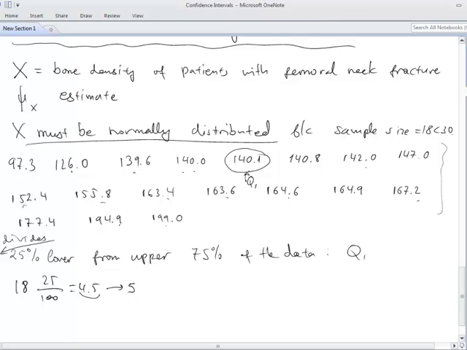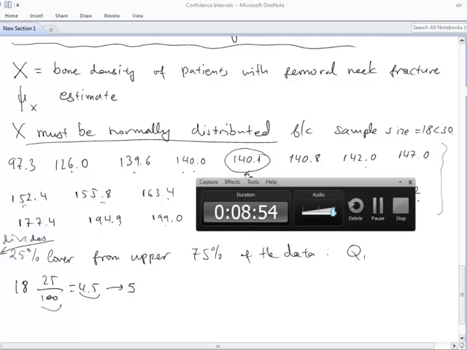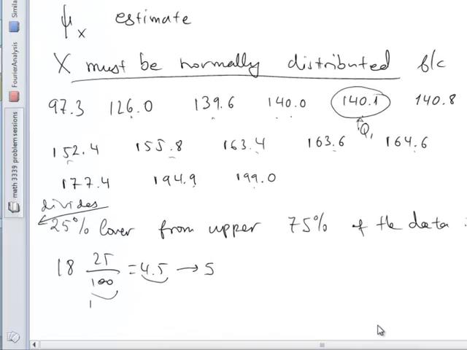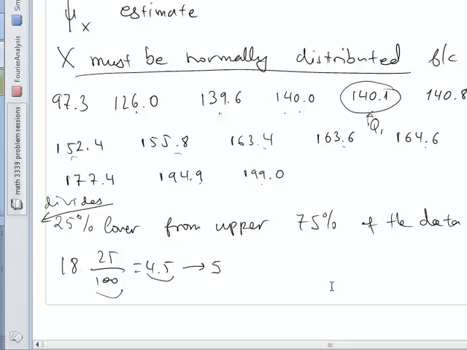Now, in case that 18 times 1/4 wouldn't be an integer number, I would round and take the number which is actually bigger. Suppose that this number was 4 and not 5. Let's see what would happen if this was 4 and not 5.